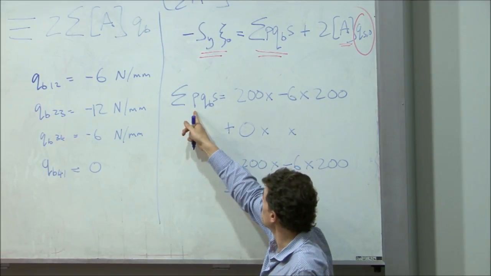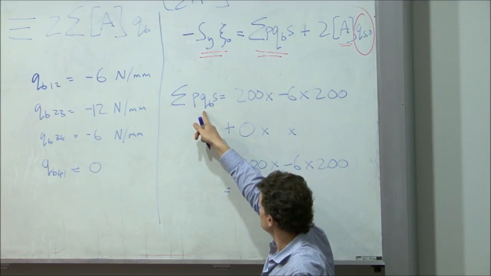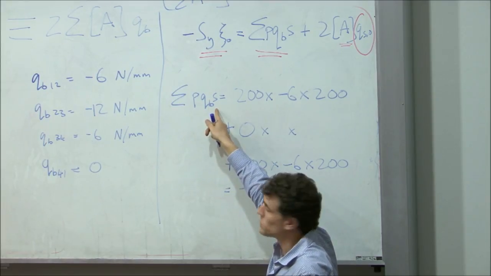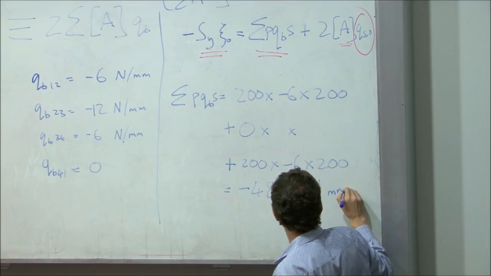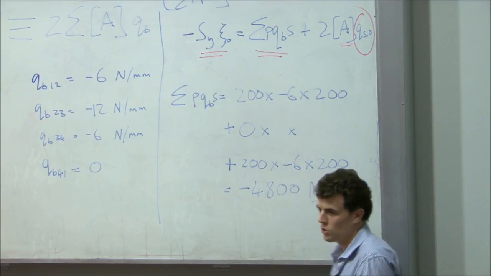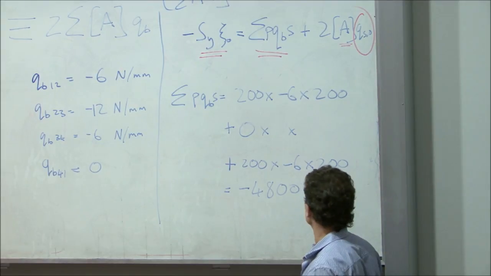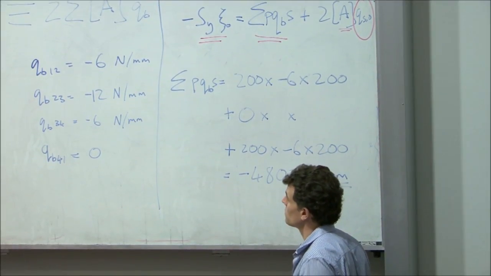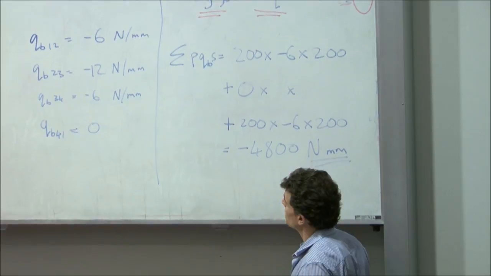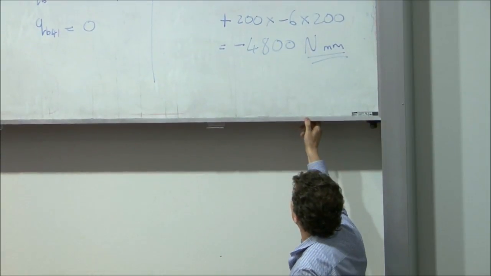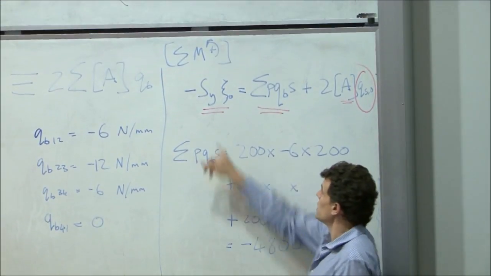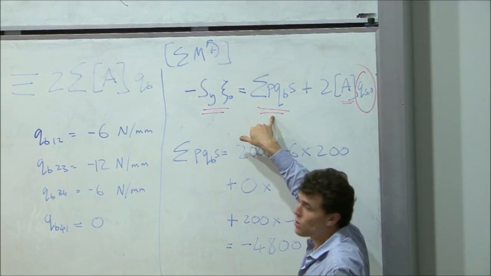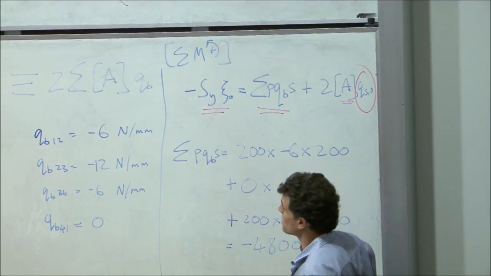We had millimeters, newtons per millimeter times millimeters. That gives us newton millimeters, which is good because that's moment units. All right, so we've got everything we need. We know these bits. The hard bit here has been solved for us, so now we can find QS naught.